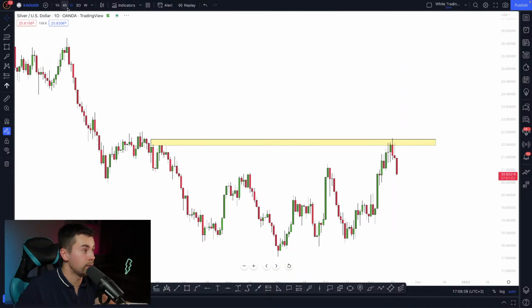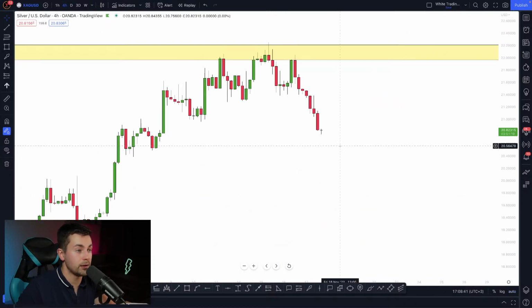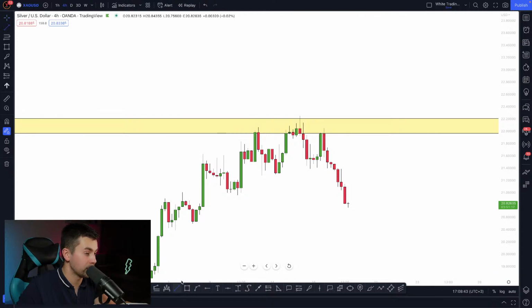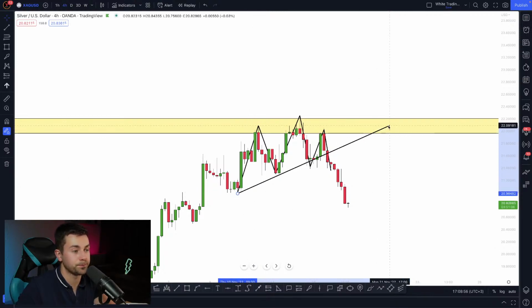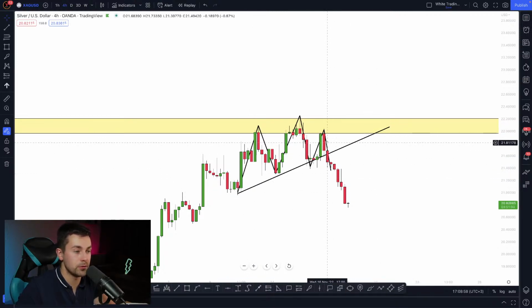And watching the reaction of the price to that, what I spotted right here was the head and shoulders pattern. Yes, a very nice head and shoulders pattern was formed. And also right here, the price violated the trend line. We got a rising trend line that was broken to the downside as well. So you can see that after the neckline breakout of that head and shoulders pattern, the market dropped.